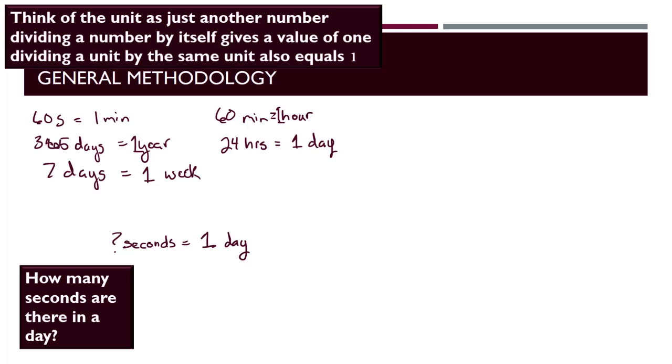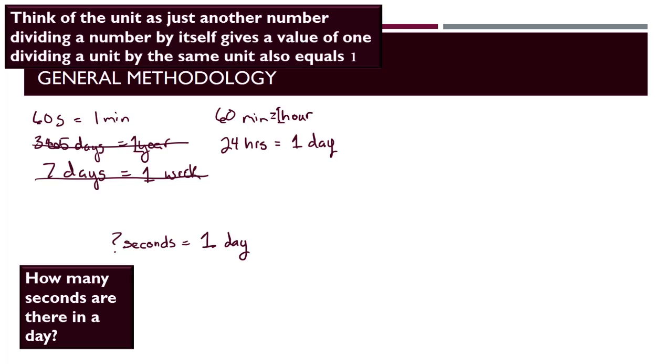Well, I know that a second is a lot less time than a day. So if I want to move from days to seconds, I want to start converting days into smaller chunks of time. That means that 365 days in a year and 7 days in a week don't really help me because they convert days to an even bigger chunk of time.